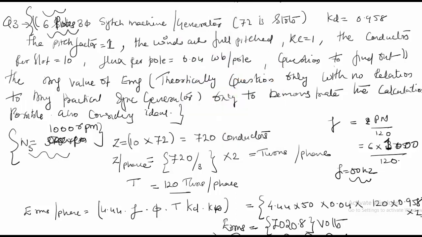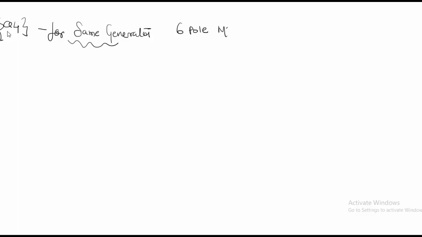So again, taking one more question, if my question 4 is for the same generator and with the same consideration, same generator, but now there is a change: my generator is a 6-pole machine, it is synchronous, then again it is a 3-phase machine.